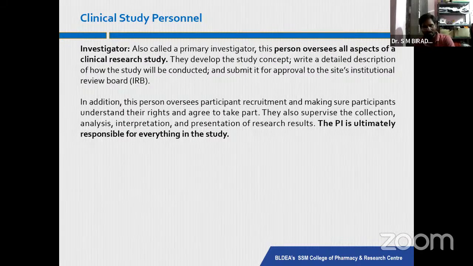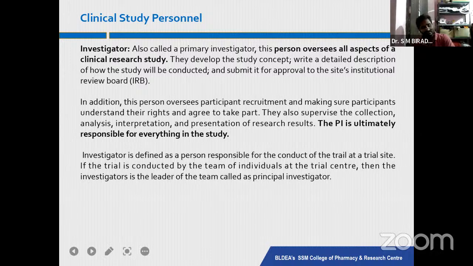They also supervise the collection, analysis, interpretation and presentation of research results. The principal investigator is ultimately responsible for everything in the study, because he or she knows every corner of the research, and the responsibility is very high.